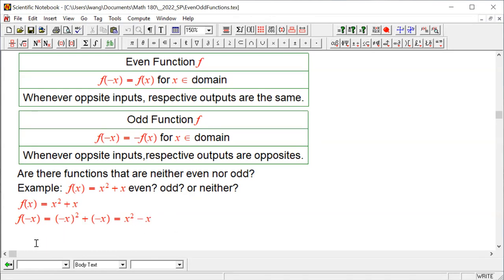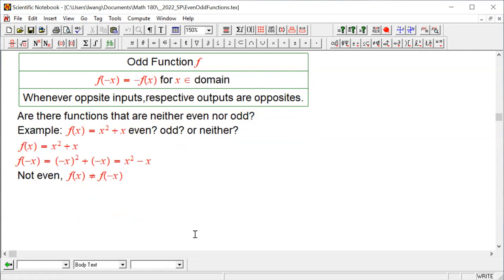So right away, you can tell it's not even. Why? Because f of x is not the same as f of negative x. So we rule out the possibility of being even.